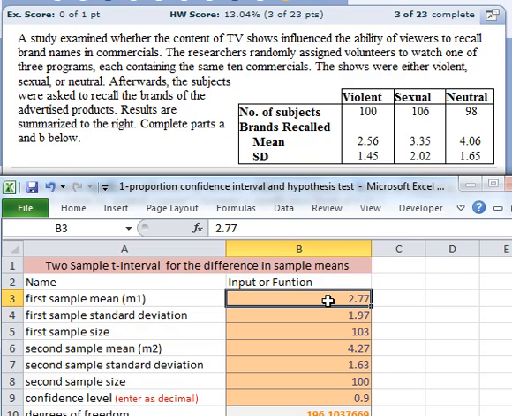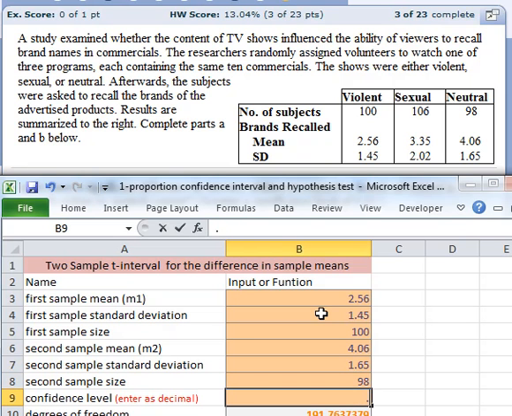So mu1 is going to be violent. The mean was 2.56, the standard deviation is 1.45, and the sample size is 100. The second sample, we're doing the neutral one, so that's 4.06, and the standard deviation is 1.65, and the sample size is 98.